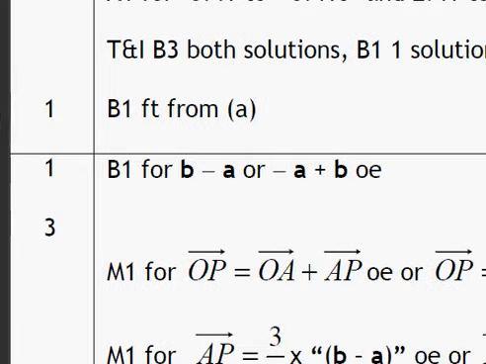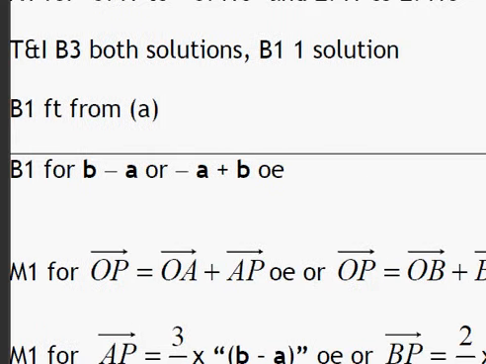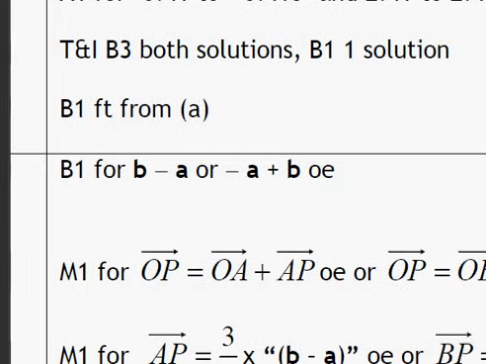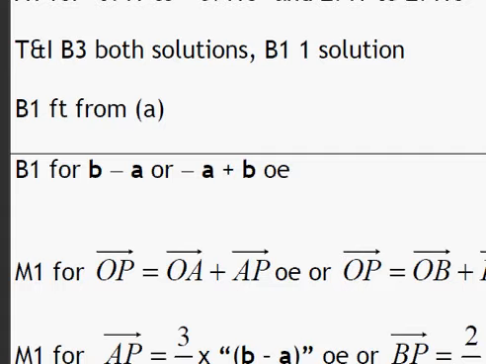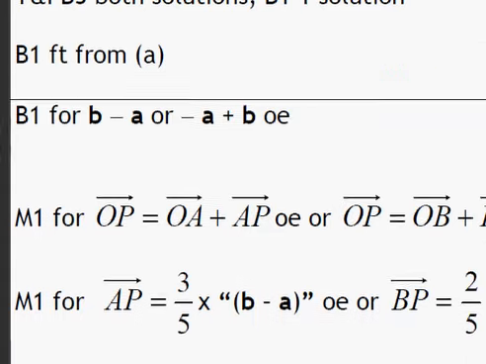So give yourself 3 marks if you got that. Give yourself 1 mark if you wrote down OP equals OA plus AP or equivalent, or OP equals OB plus BP or equivalent. This is why it's important to show your working. You can still get marks if you didn't get it right.